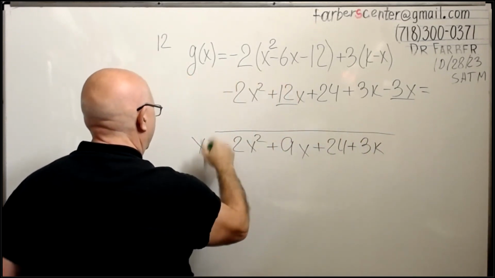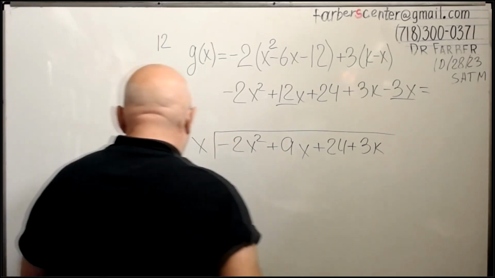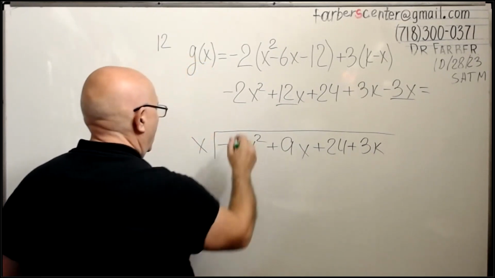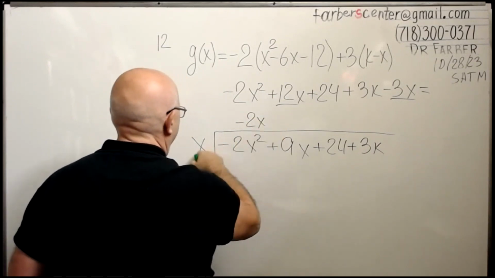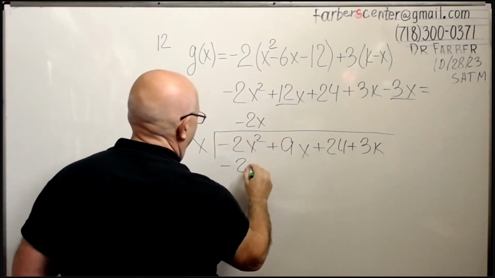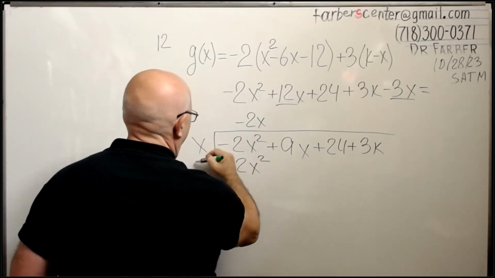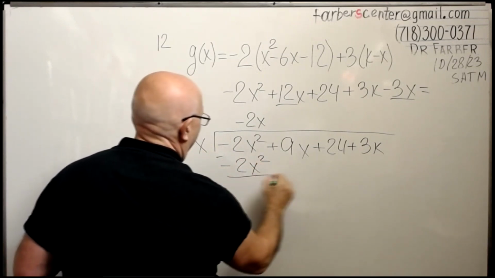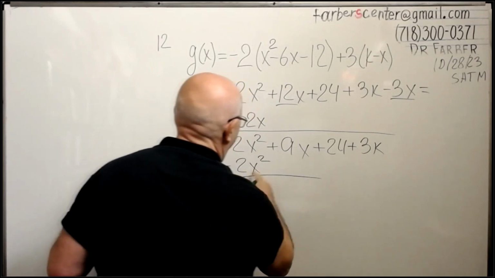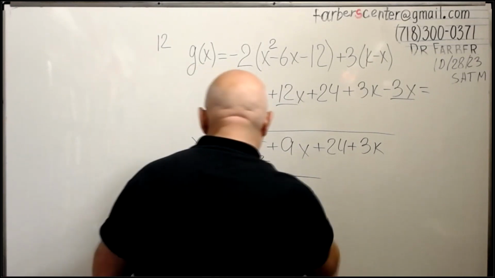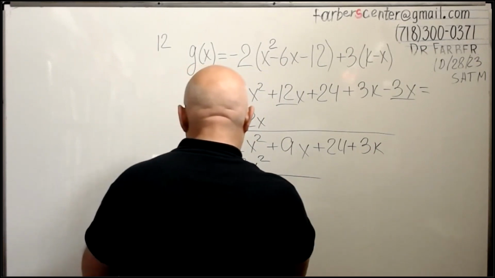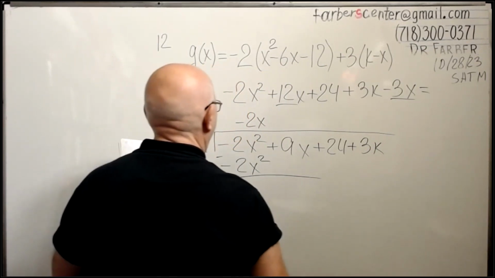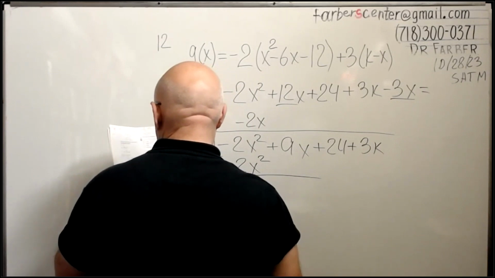This is division. Okay. You have -2x. -2x times x is -2x to the second power. Subtract, this is 0. Bring down 9x. Okay. It's divisible by x, right?